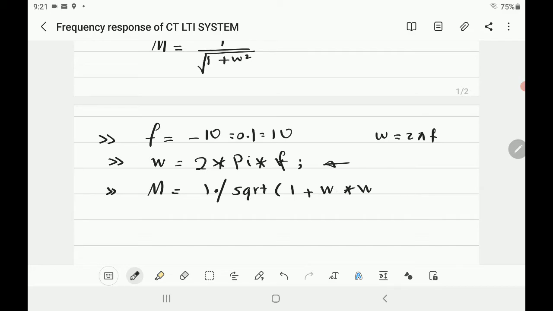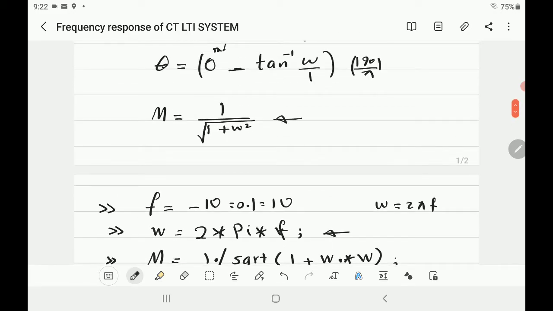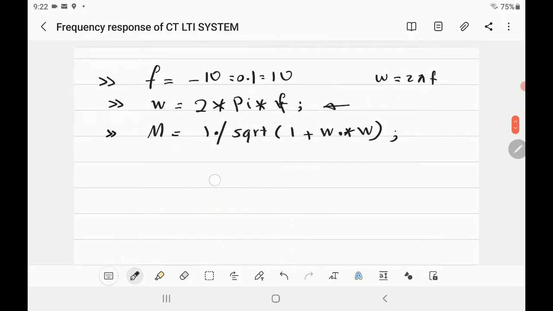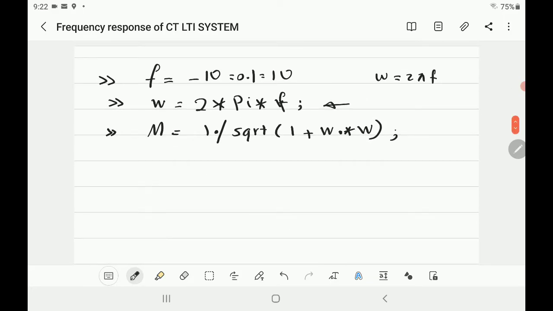It's not enough to multiply omega and omega like that, because it's element by element. You put a dot before the multiplication. So what you did now is just code this magnitude, 1 over the square root of 1 plus omega squared. What's left is just to sketch it.